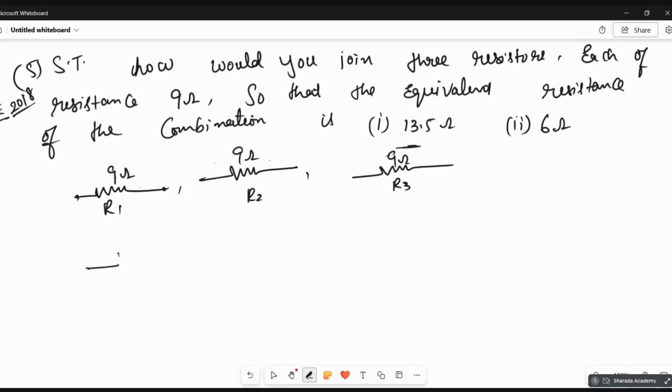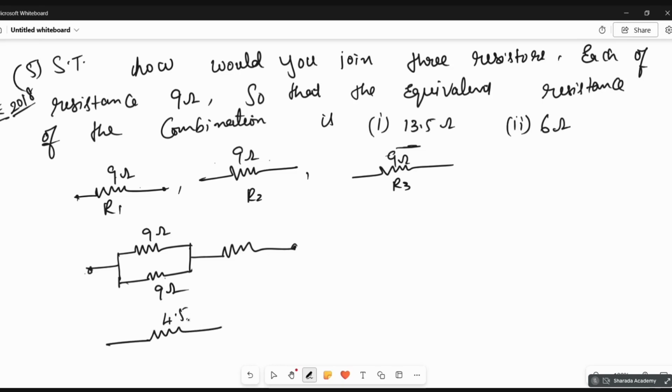Now, I will put two in parallel, one in series. Okay. 9 and 9 are in parallel. I will get 4.5 ohms. Calculate, you will get this. Half of that you will get.